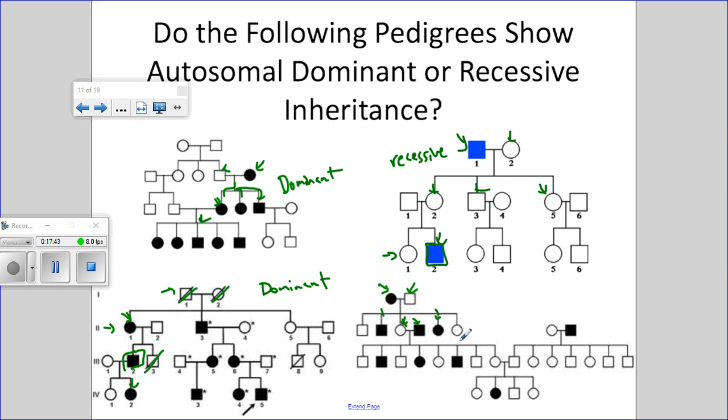What tips me off as to whether this is recessive or dominant is this female here is unaffected, and here we have an affected male, unaffected female, they have an unaffected son, and the mating between these two individuals results in an affected female. So here we have the disease essentially skipping a generation and showing up in the third generation, which does suggest that the disease is due to autosomal recessive inheritance.